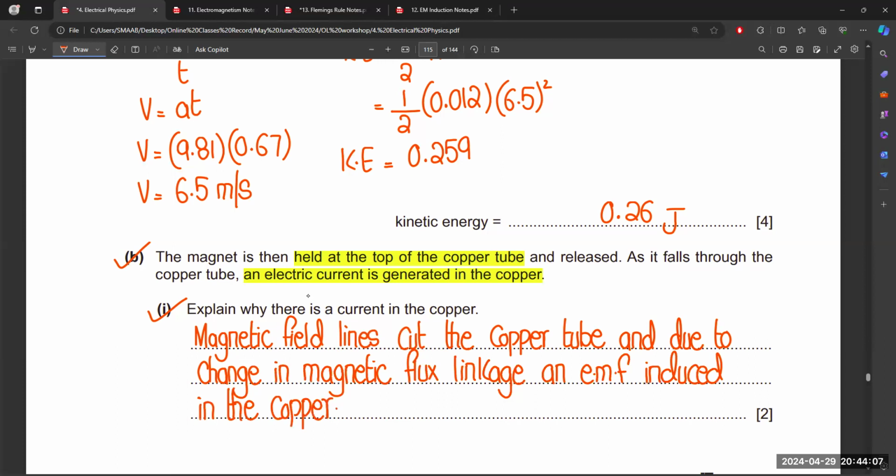So again, you can see in this question they are asking explain. So definitely you have to give reference to a specific idea linked with the current in the copper because of the magnetic field.